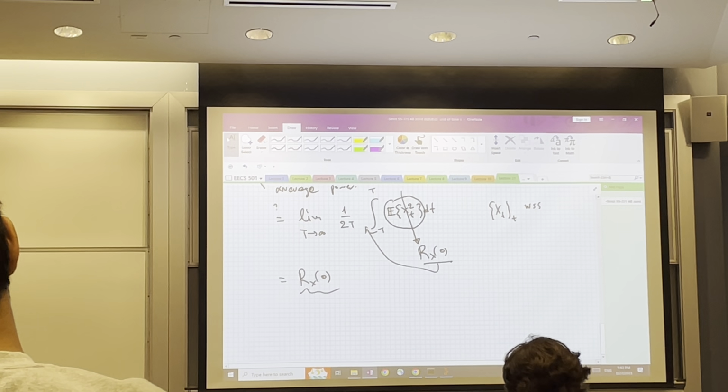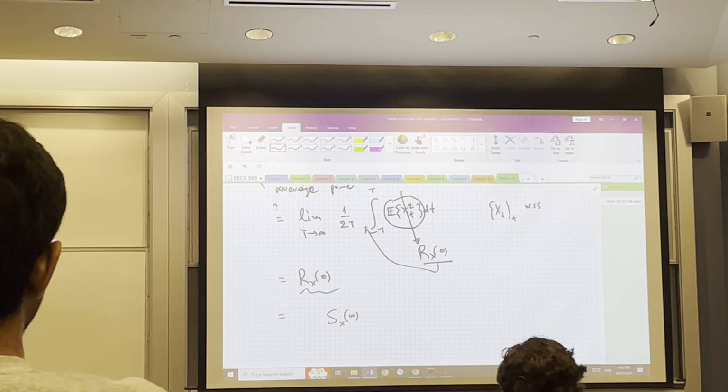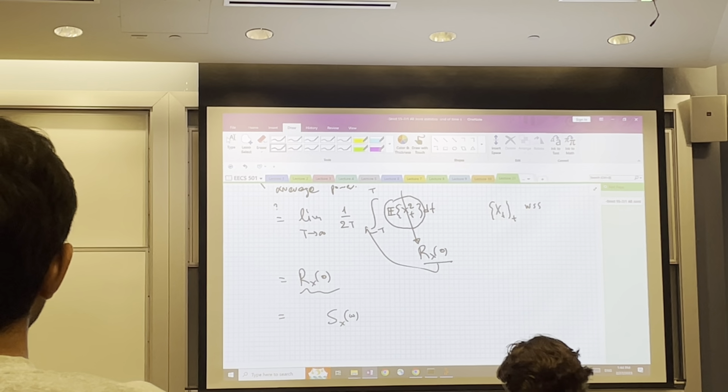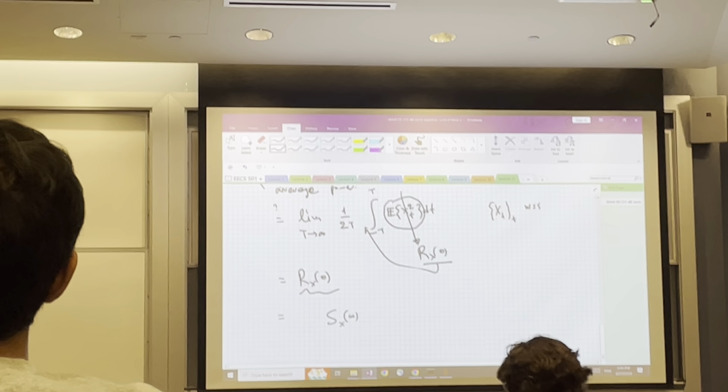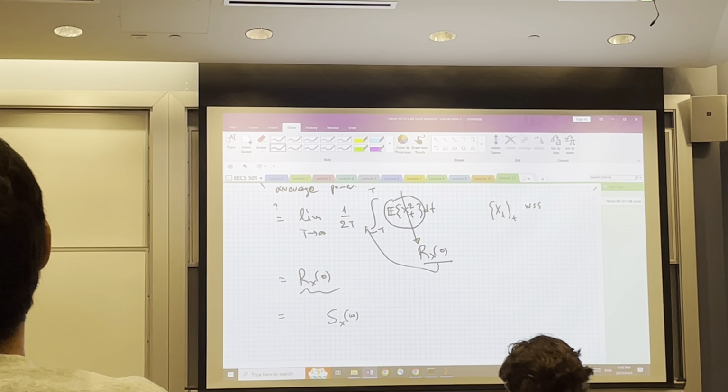But what is Rx of 0 in terms of Sx? What is the relationship of this with Sx of omega? In Fourier transforms, if I have a signal x of t and its Fourier transform X of omega, then the integral from minus infinity to infinity of x of t dt is what?